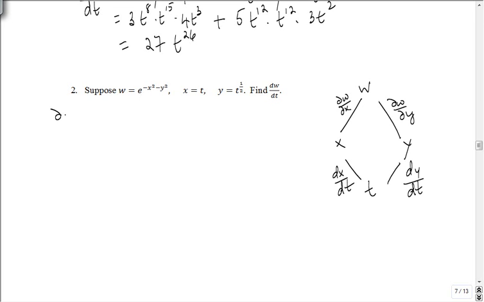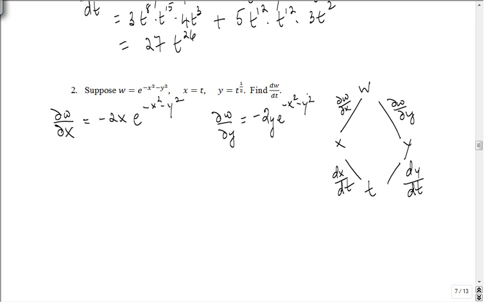Again, partial w with respect to x is, can somebody give me that? What is that? Minus 2x times e to the minus x squared minus y squared. And similarly, partial w with respect to y is minus 2y e to the minus x squared minus y squared.